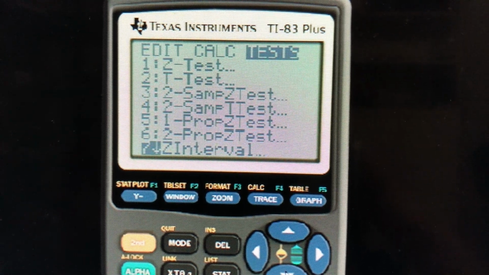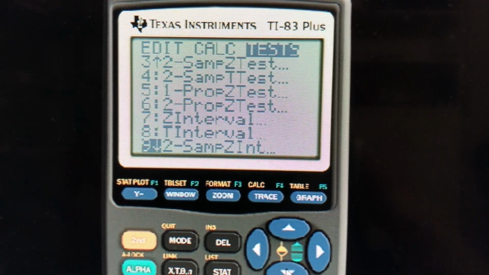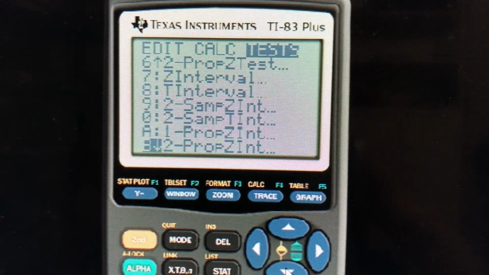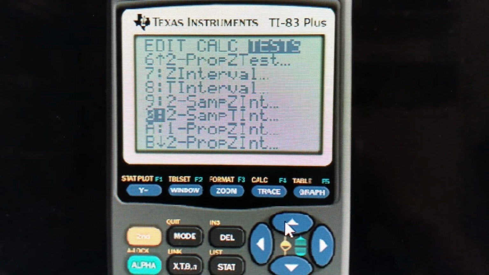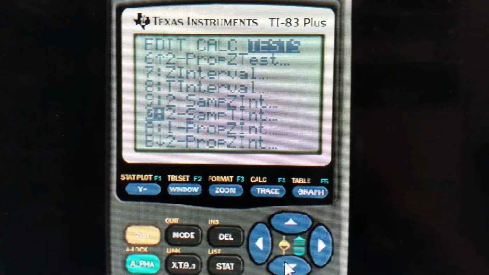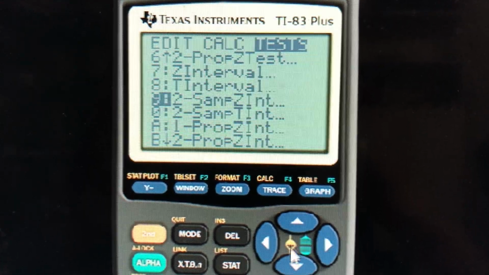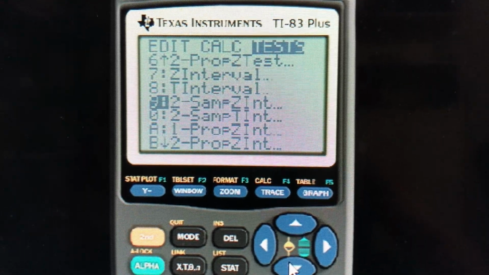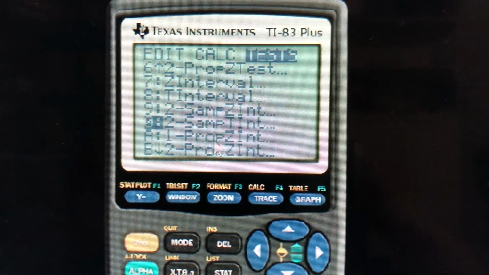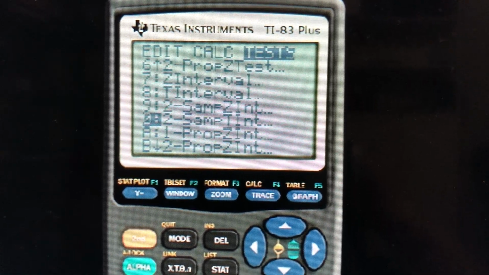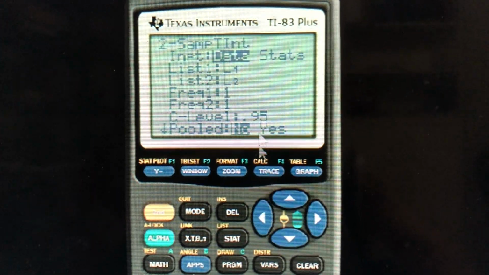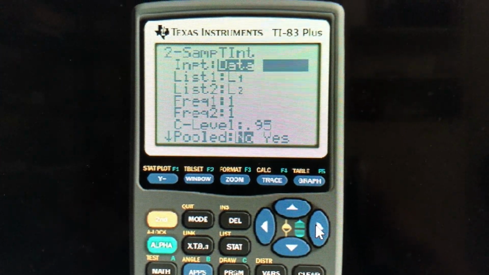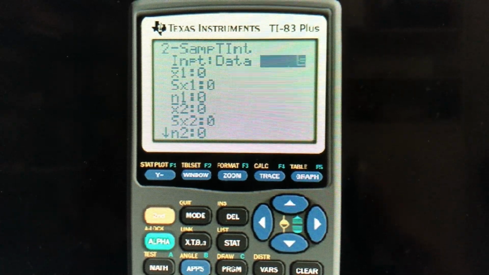But when you do 7, 8, 9, 10, 11, and 12, these are all confidence intervals. And we're doing means, so means are definitely Z or T, and definitely 2 sample. And since we know sample standard deviation, then it's 2 sample T intervals. And you could do data if you had all the raw data, but usually it's stats.